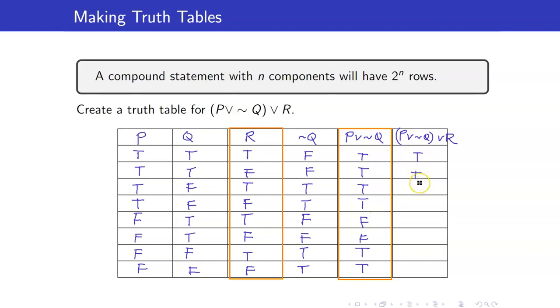So this is true. For this one, R is true. So this is true. Here, both of them are false. So this is false. And for this one, P or not Q is true. So that makes the entire thing true. So therefore, this is the truth table for this form.